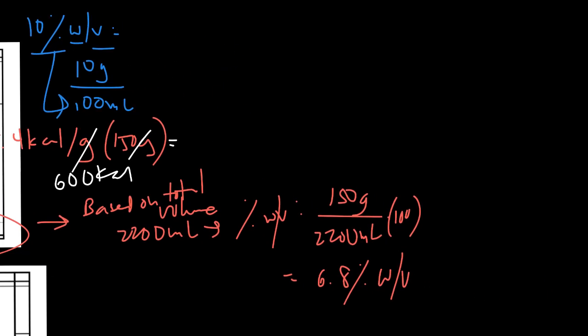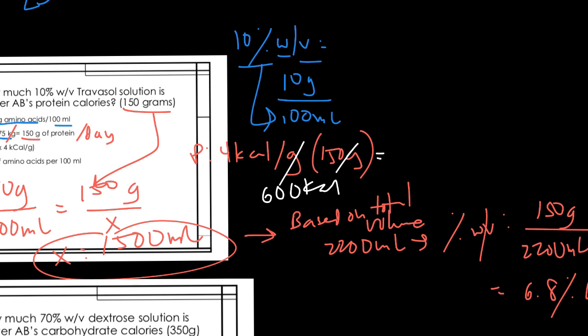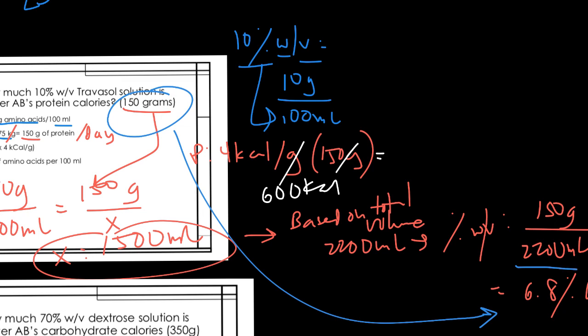That's how much protein is in the final bag. I got the 150 because it's 150 grams of protein. So how much protein is in the bag? Well, it's 6.8%, if the final volume was 2,200.